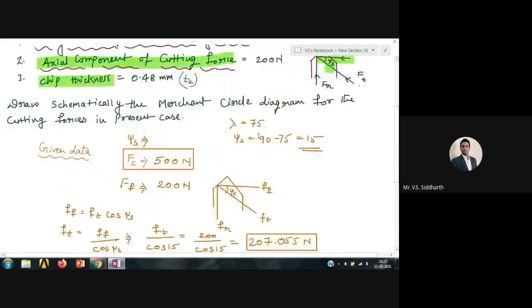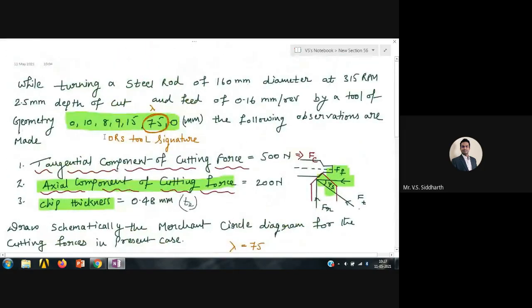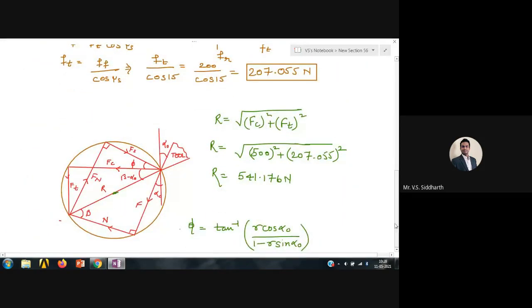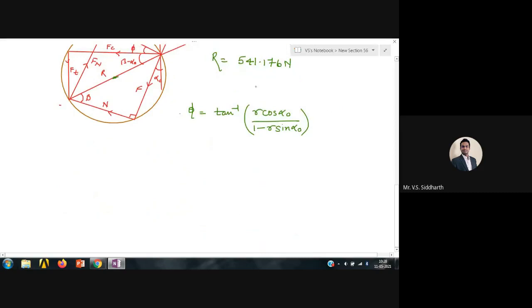So from the tool signature, can you tell me what is alpha naught? 10 degrees. This is alpha naught. Very good. Alpha naught equal to 10 degrees.